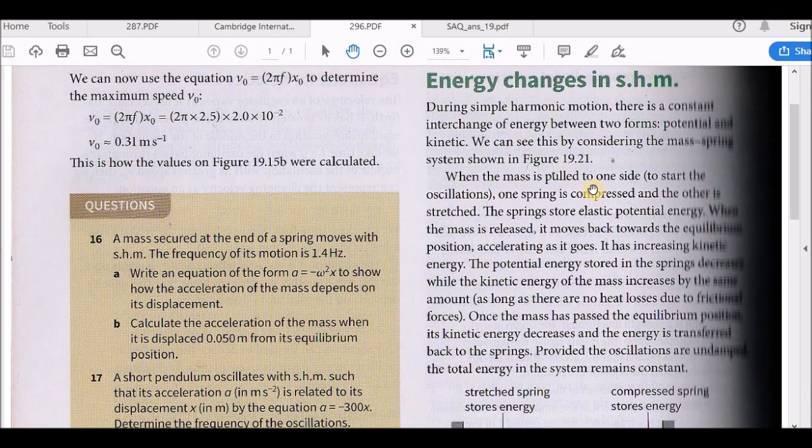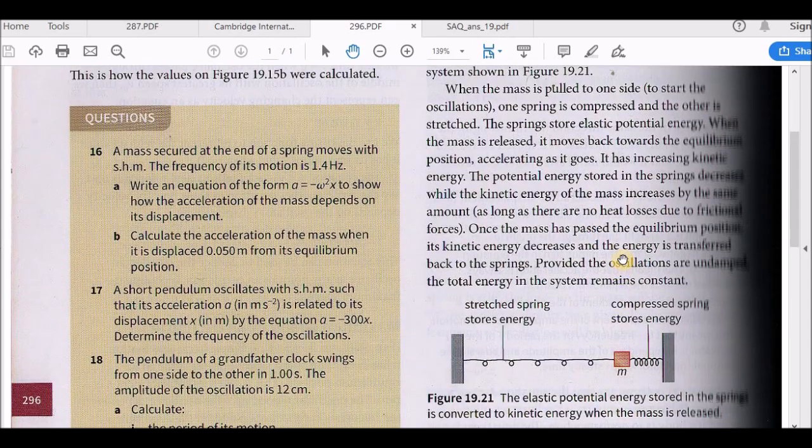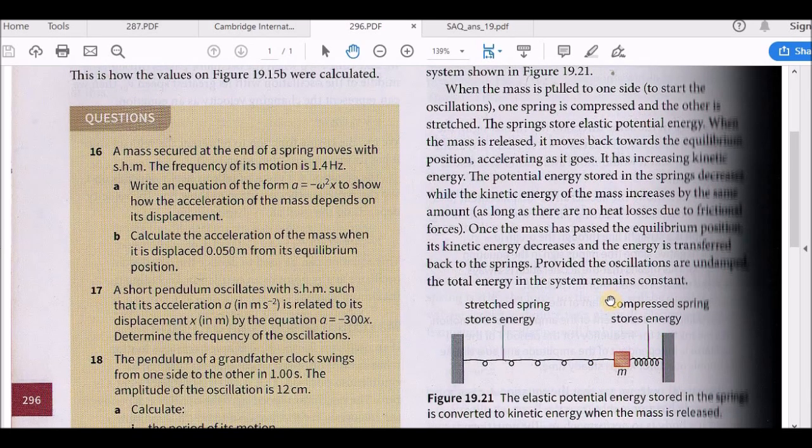We can see this by considering the spring mass system shown in figure 19.21. Here, elastic potential energy converts to kinetic energy, and kinetic energy converts to elastic potential energy, also called strain energy. At this end, it has maximum elastic potential energy and kinetic energy is 0.